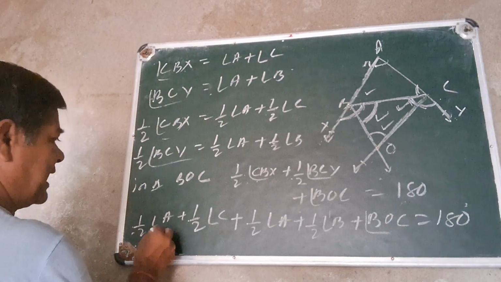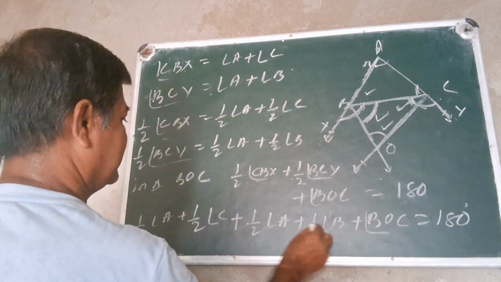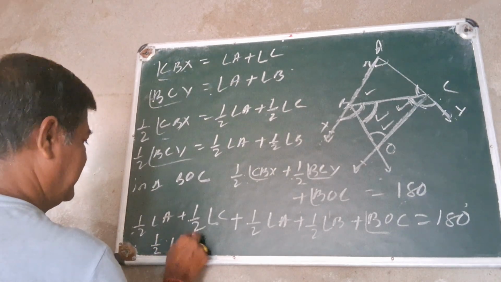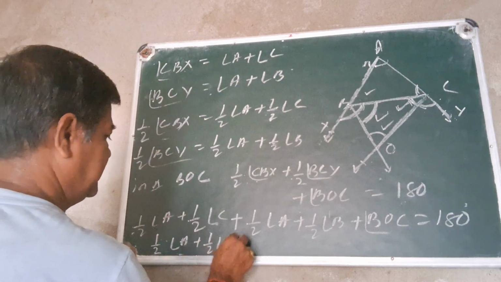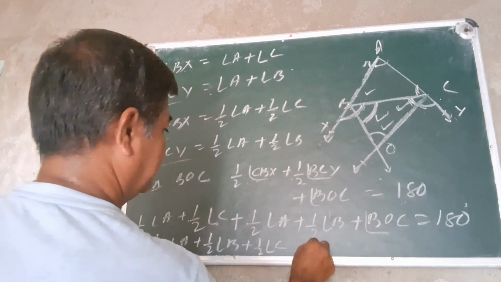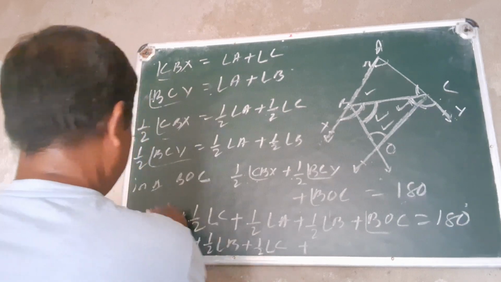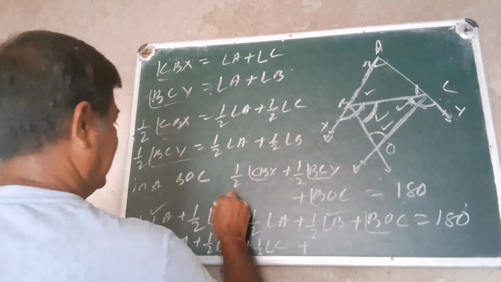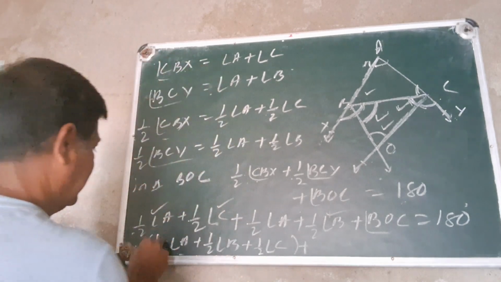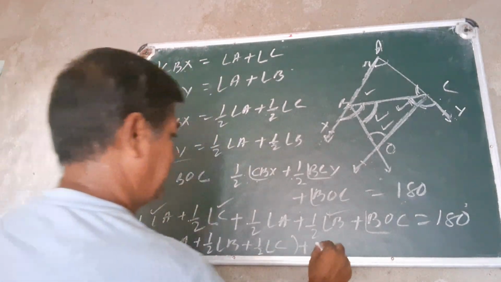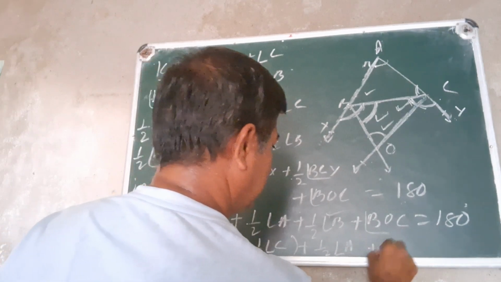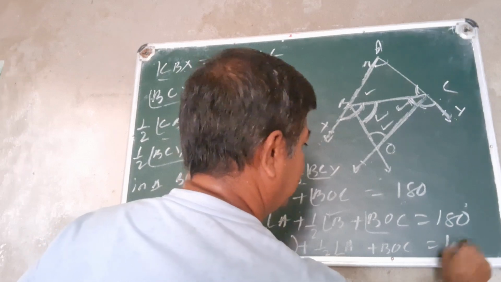Now put the value of half A, half B, half C. These are three angles, plus half angle A plus BOC equals 180.